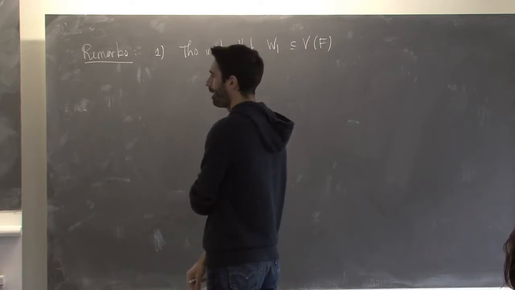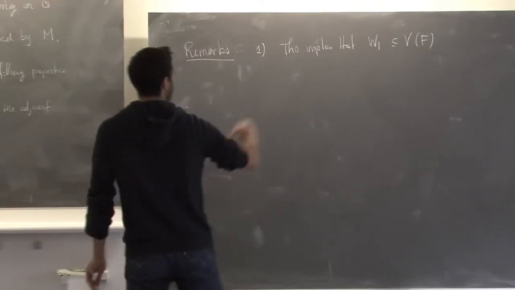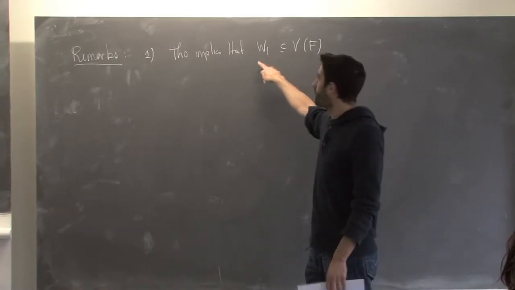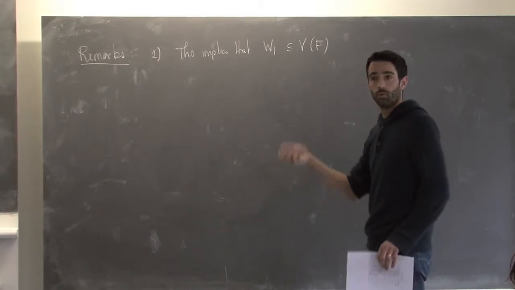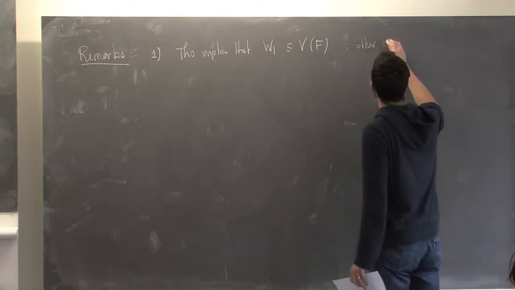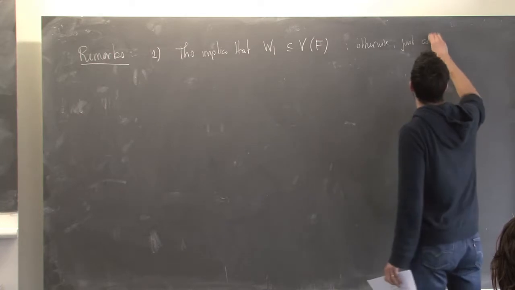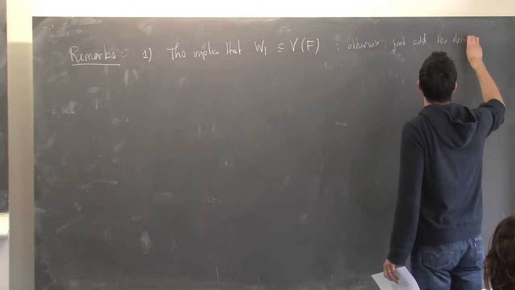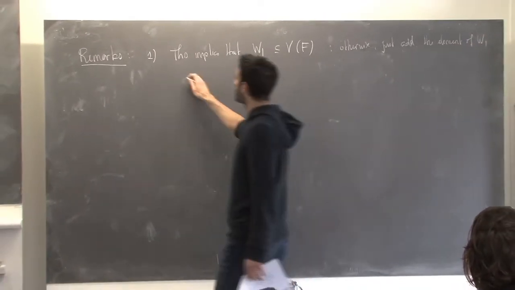Why? Well, we want this forest to be maximal, so if we had an element not covered that was not in the forest, we could just add the element of W1 as a singleton. Okay, that would be a tree.